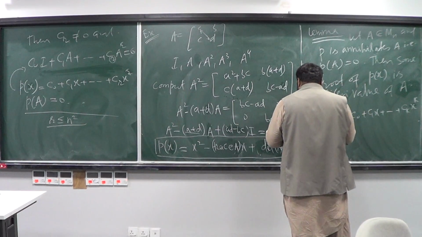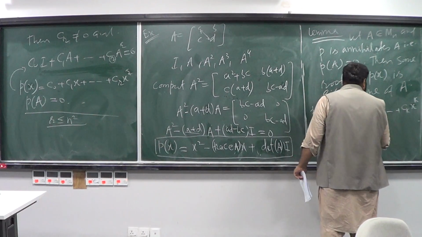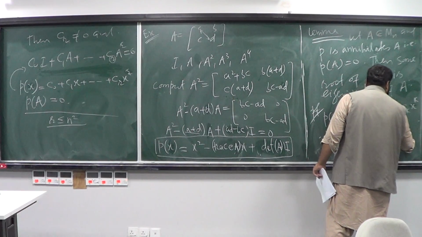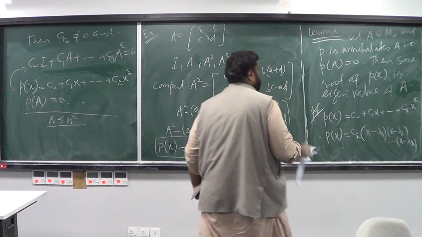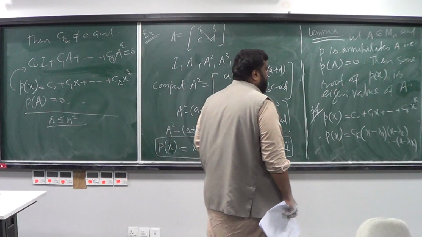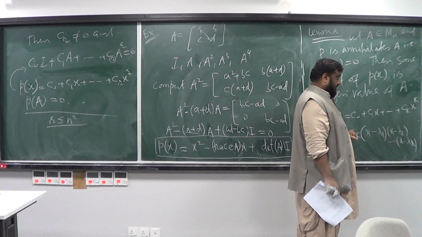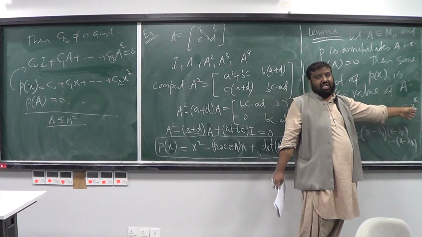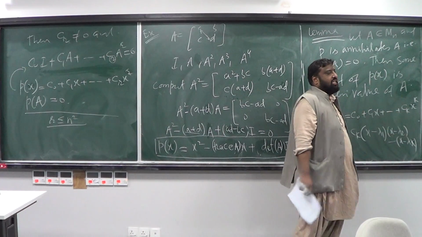I can write it as Ck times (x minus lambda 1), (x minus lambda 2), up to (x minus lambda k). Since this has k roots, we must be able to factorize it. Are you getting the point? Keep in view that this is a complex polynomial, and you are going to find the complex roots. So there are exactly k complex roots of it.